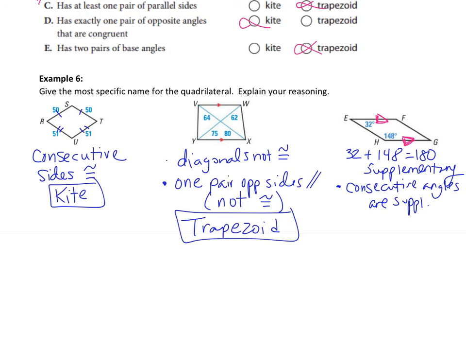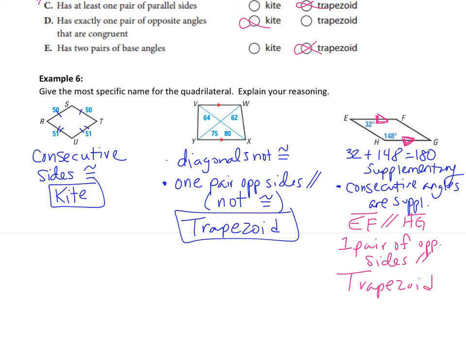So we know that the top and the bottom lines are parallel to each other, which means we only have one set of opposite sides that are parallel. That is not enough information to say it's a parallelogram, so all we've got is that it's a quadrilateral and that one pair of opposite sides are going to be parallel to each other. And again, this will be a trapezoid because of that.